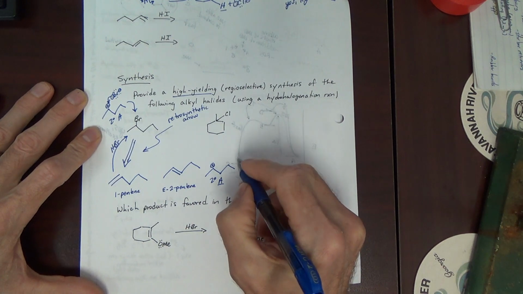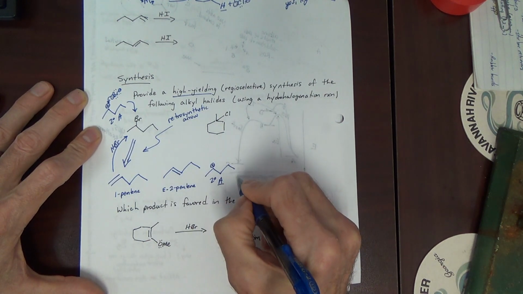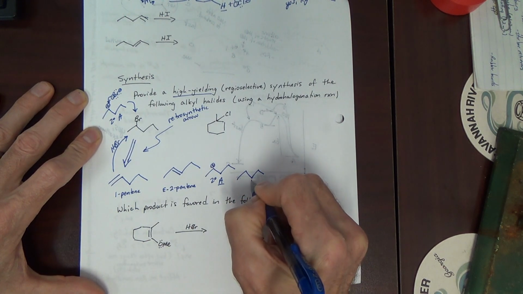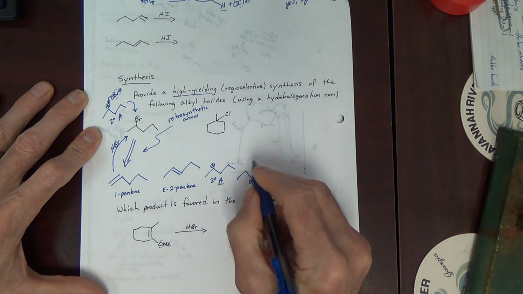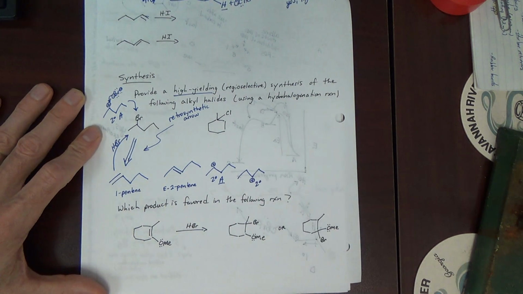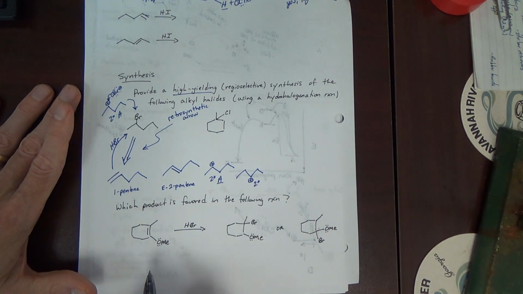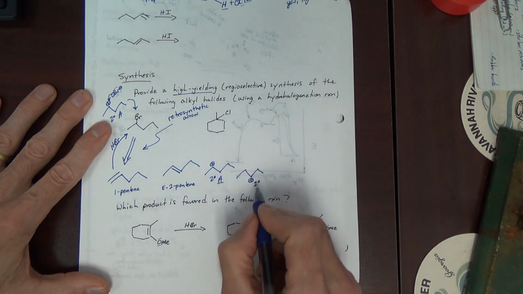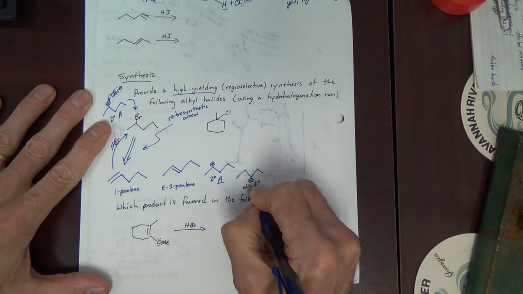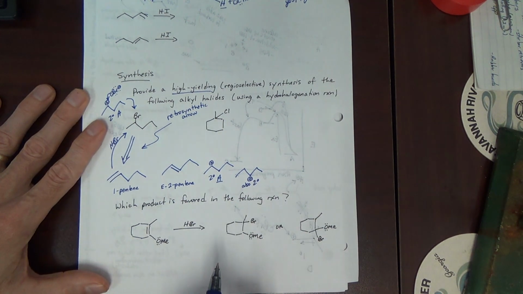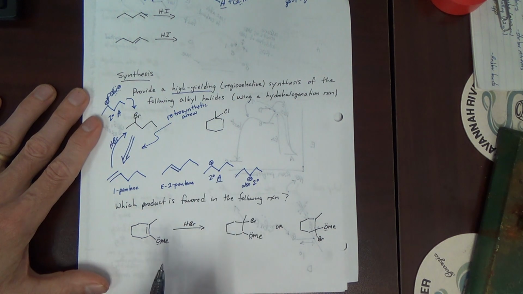But we could also do our mechanism the other way and get the cation there. And that's also secondary. So which is going to be favored? And the answer is neither. Neither are favored. They're both going to likely form.